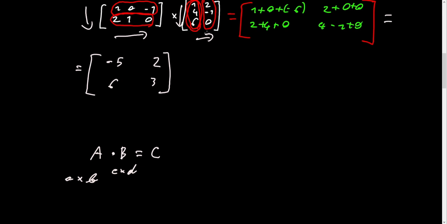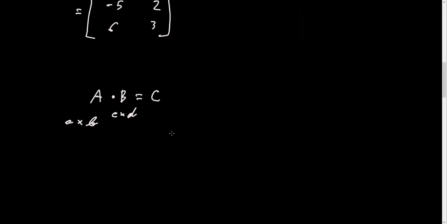What does that mean? Well, we can only multiply A by B if b is equal to c, this small b and this small c. Then what will be the size of our C matrix? Our size will be a by d.